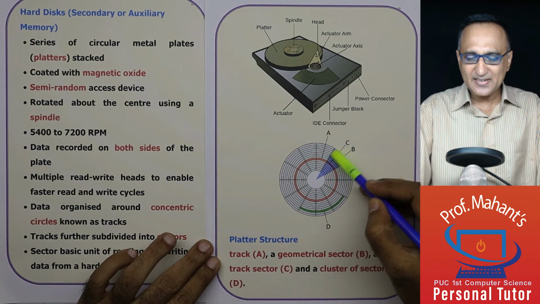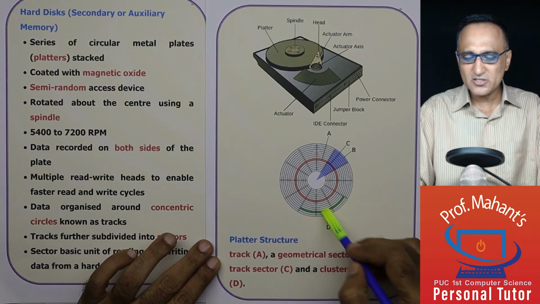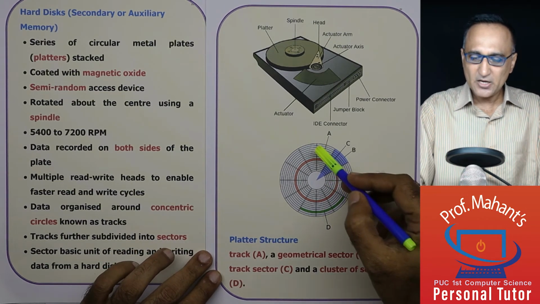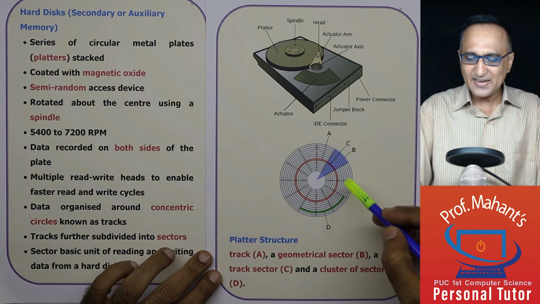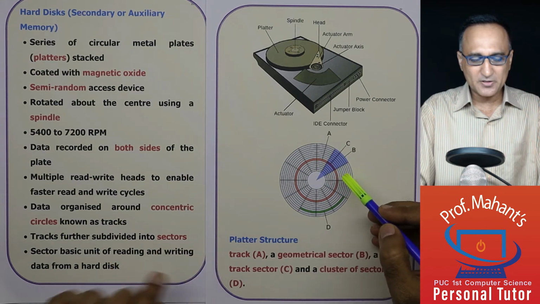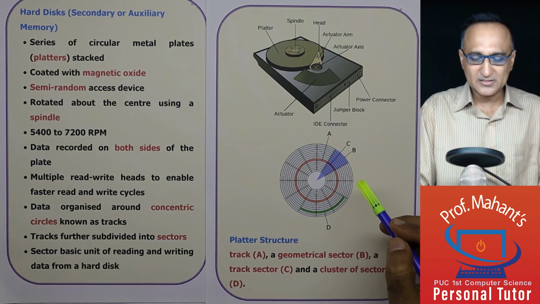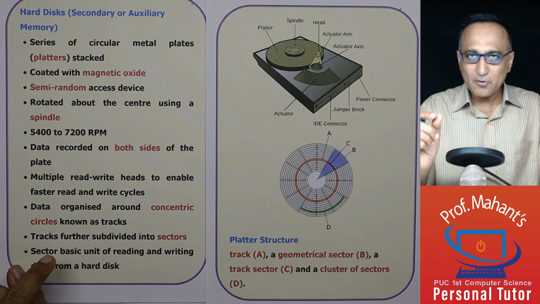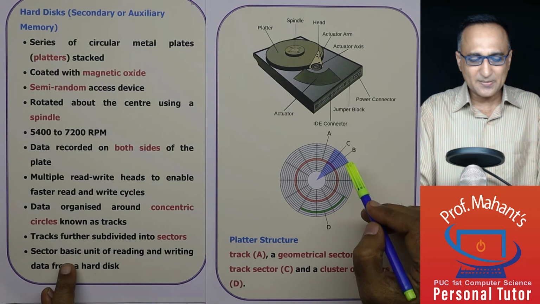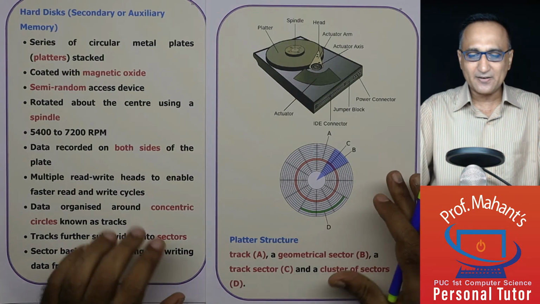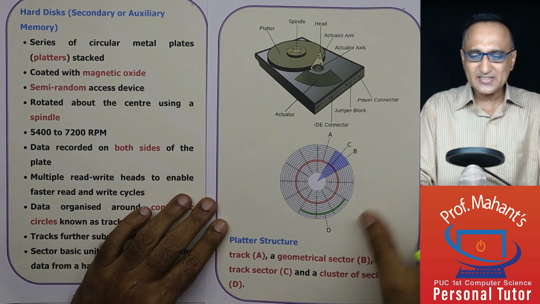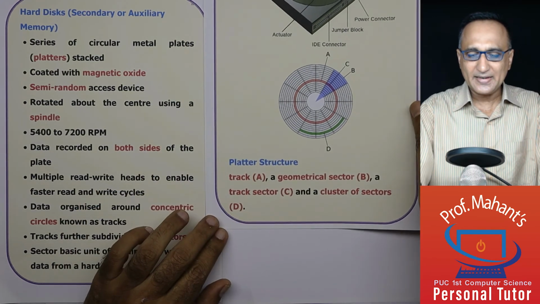Now this track is divided into subdivisions called sectors. So the concentric circles are tracks. This subdivision of tracks happens to be sectors. Tracks are further divided into sectors. So the sector is the basic unit of reading and writing data from the hard disk. Let's take a little bit more detail here.